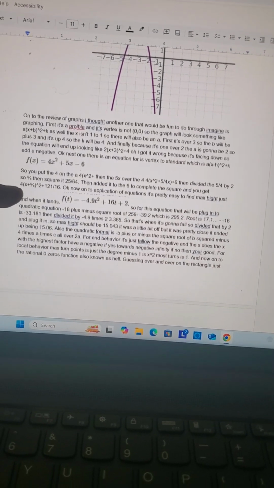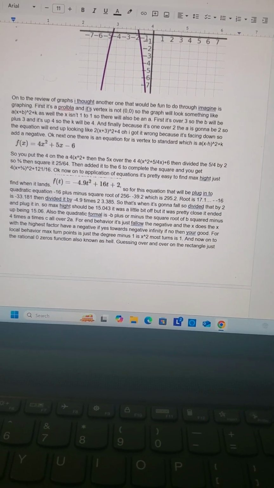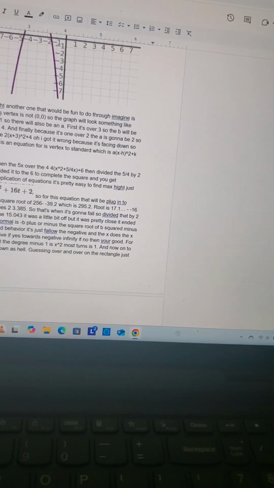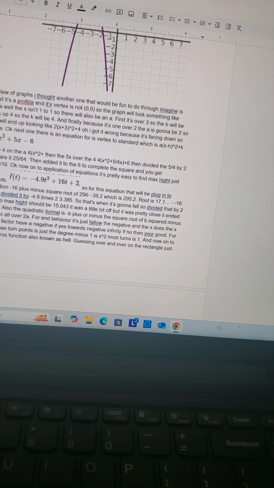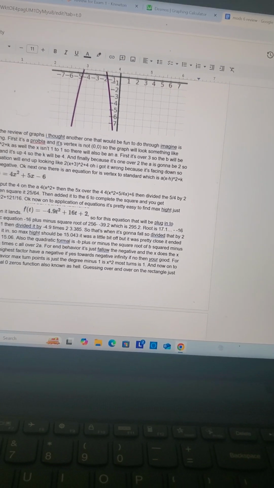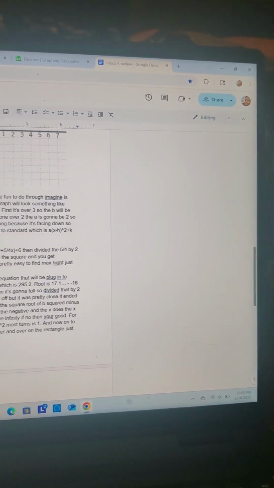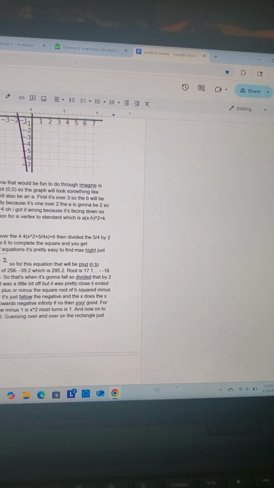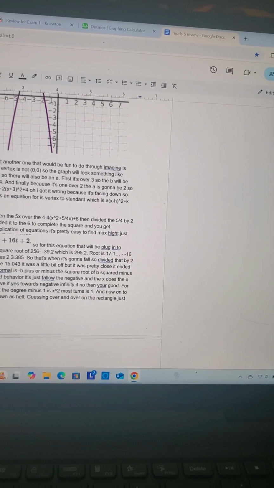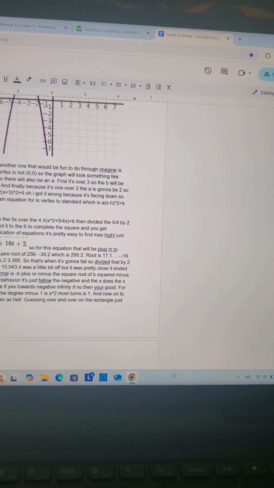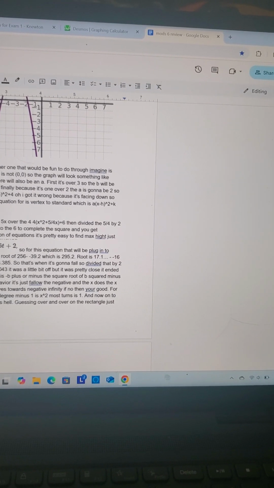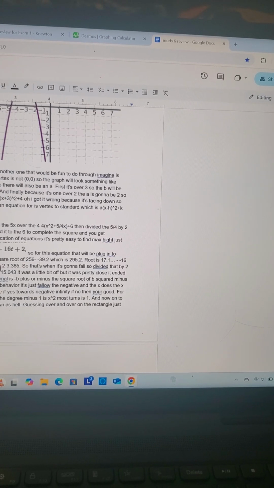So then I got into the converting ones, which I actually struggled really hard with. But when you get equations like these, to transfer into vertex form, you take the 4, and then you put the x to the power of 2, and then you add the 5x divided by the 4, and then minus the 6.